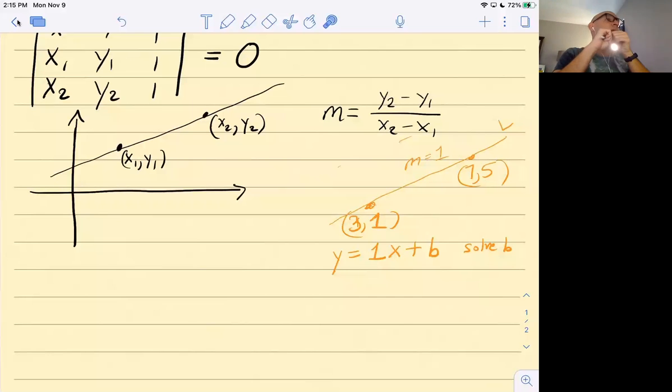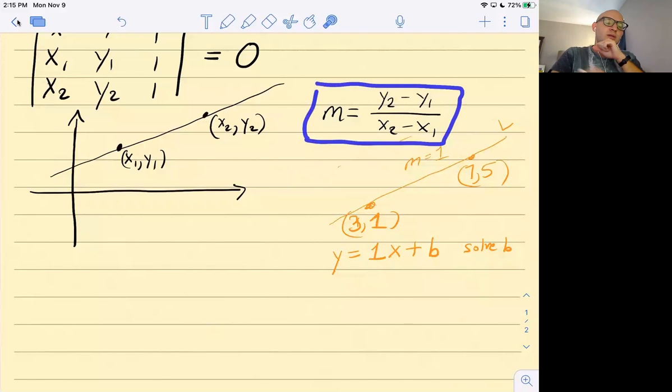Yes, Emily, you're right. We are doing it abstractly. I'm just doing a concrete example to help us remember the steps, how to do it abstractly. But you're totally right. The actual slope would be the abstract formula for the slope. The general formula is that.